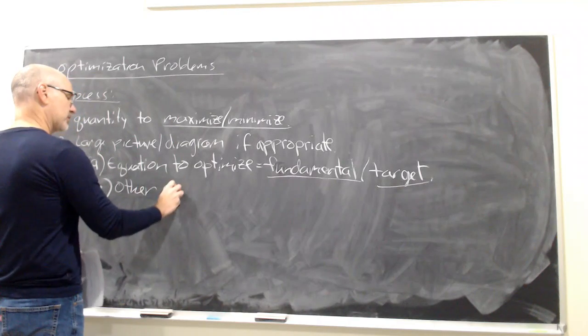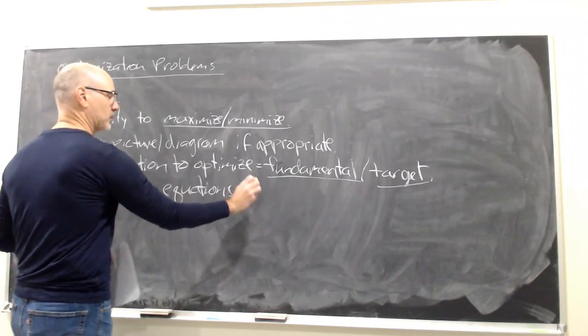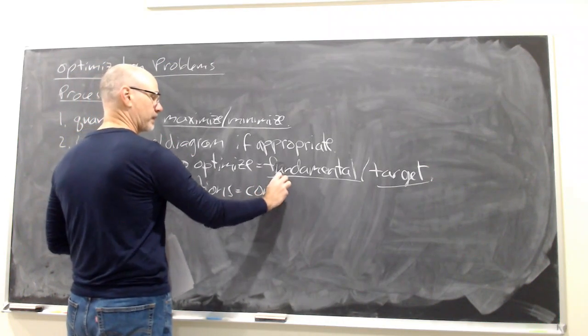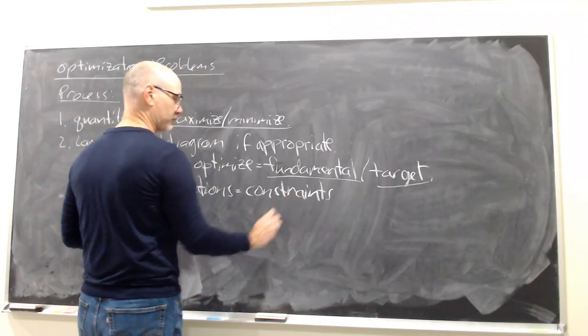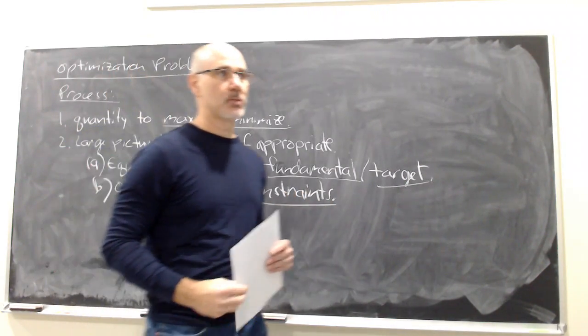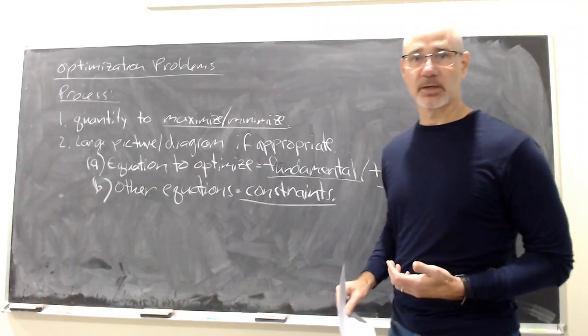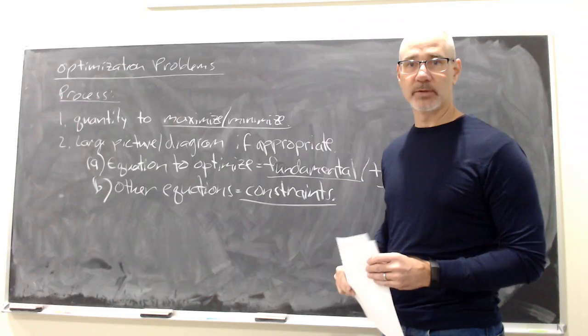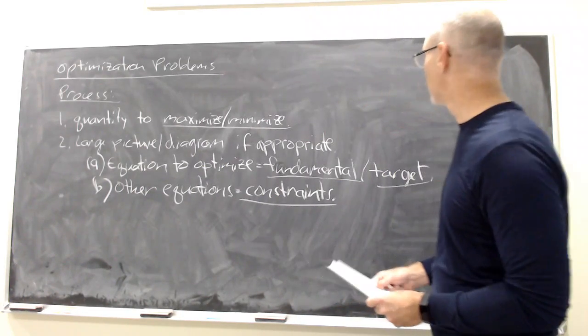And then we have other equations, which are the constraints. And as we'll see, we use the constraints to put the target equation into a form that we can deal with using calculus. Right, so we'll kind of see what that means here in a little bit.